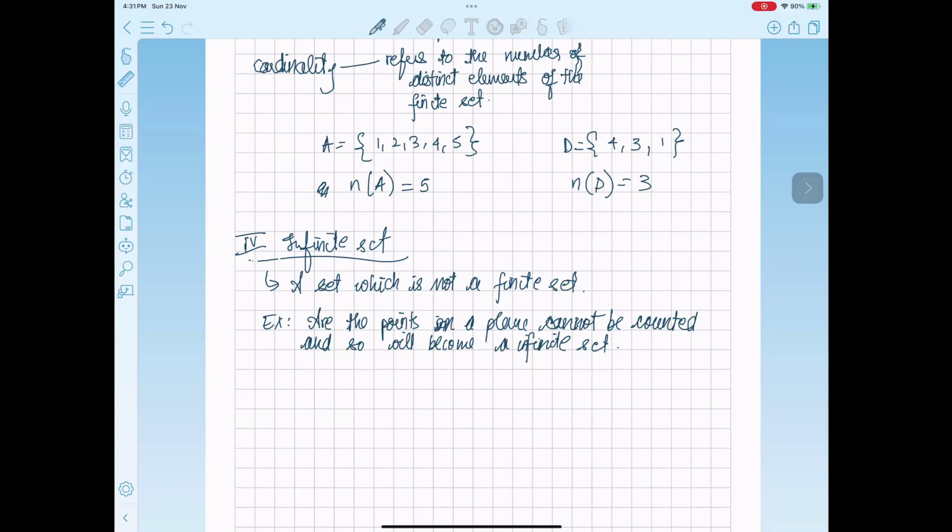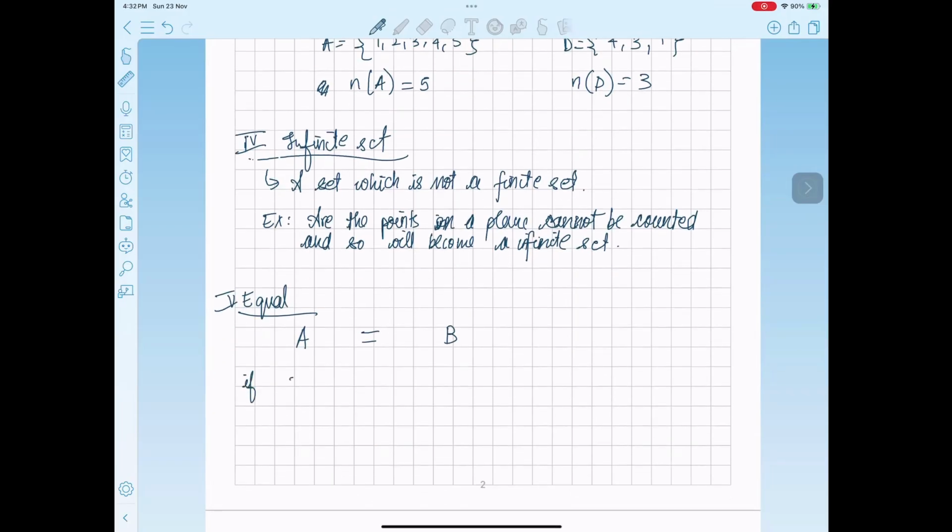An equal set is one in which, say we have set A and set B defined by a set of elements, the two sets are said to be equal only if the elements in A are also the elements in B, and every element in B is also an element of A. So if x belongs to A, then x would also belong to B, and if there exists some element z that belongs to B, then z also belongs to A. Then A and B are considered to be equal sets, so we can say that A is equal to B.